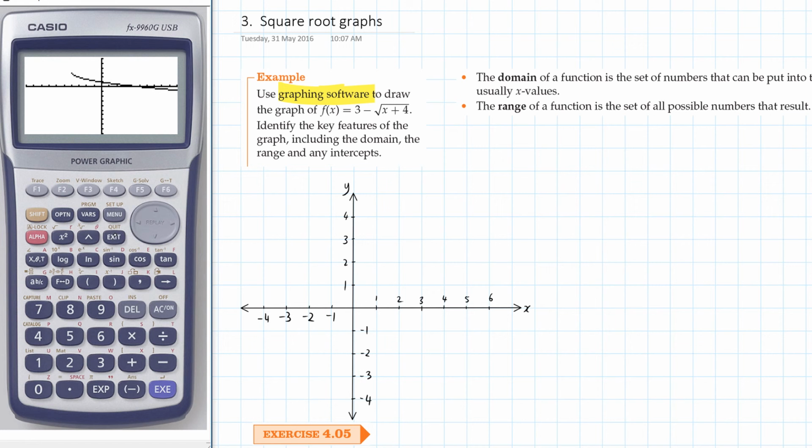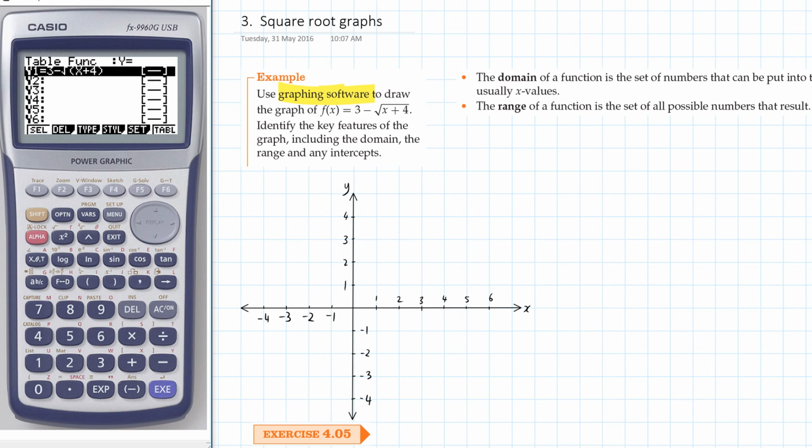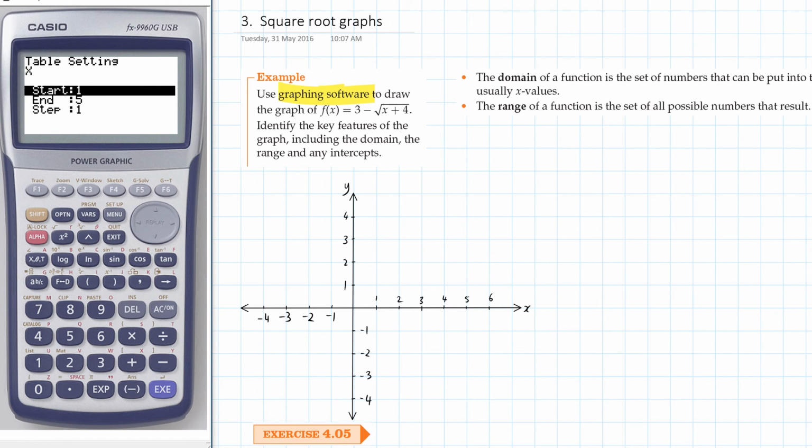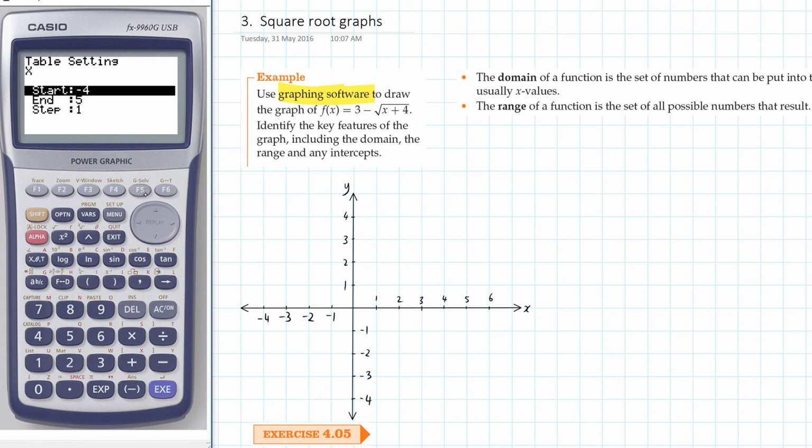So what we're going to do is go into our table mode, and we can see that our equation is already in there, and we'll set our table to start. We'll start at -4, see what that does, and we'll go to about 5, going up in ones. Now you might have noticed on our graph that it seemed to sort of start in mid-air, so let's see what would happen if I go back as far as -5.